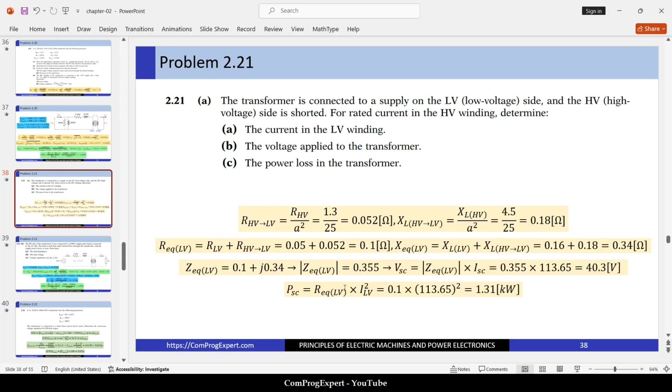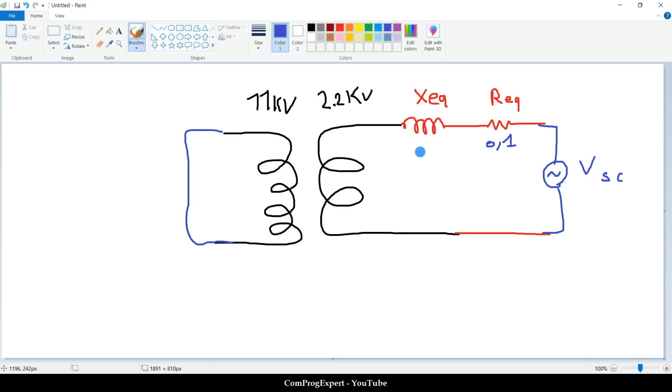And what is the value of the X equivalent? It is this one, the leakage reactance of the low voltage winding plus the leakage reactance of the high voltage winding referred to the low voltage side, that is equal to 0.34. This is the X equivalent.